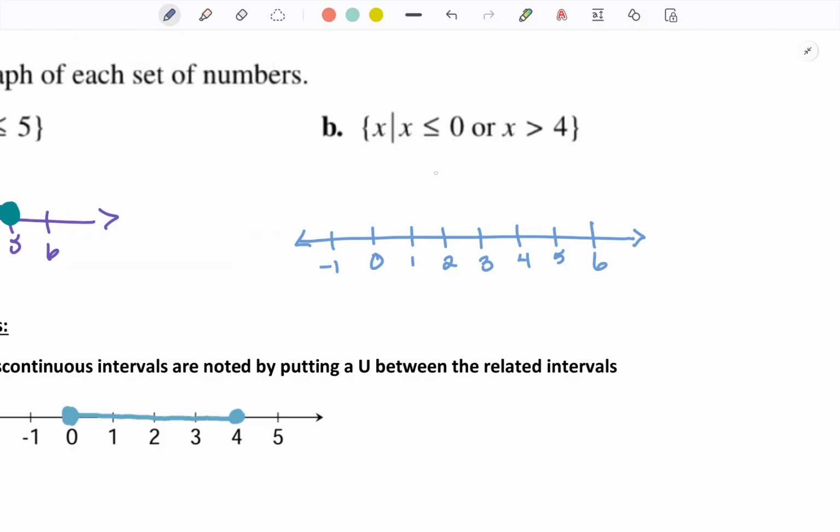And we have a filled in circle on 0. And then we are going to go down because it is less than. And then at 4, we're going to have another circle that is not filled in because we have no line underneath, but then we are going to go up and go to the right. So we have this break in between, and that's shown by the or.